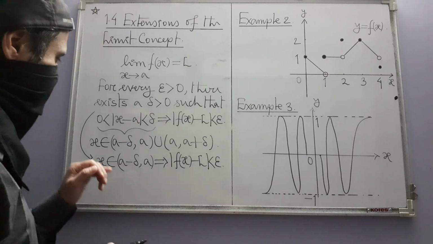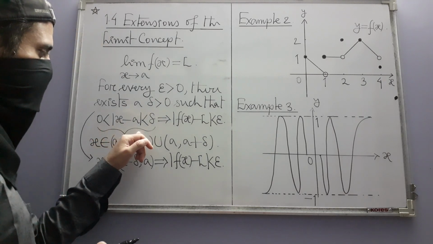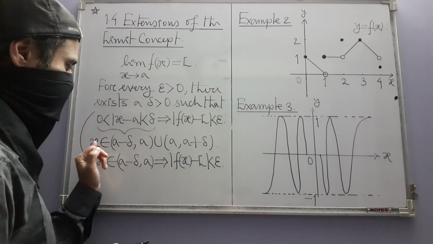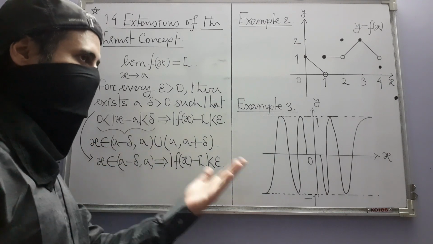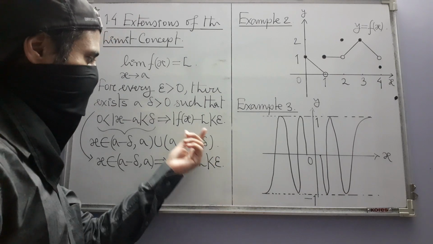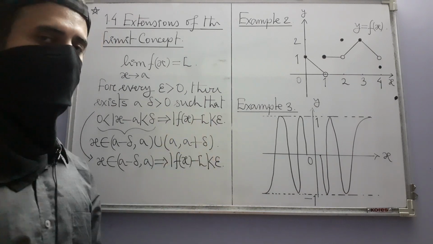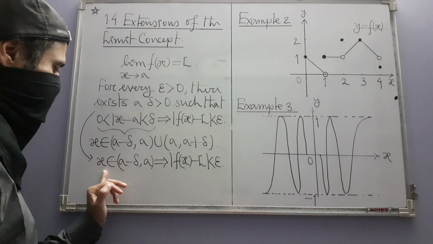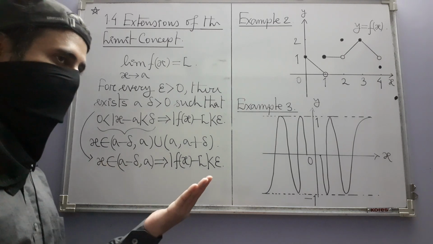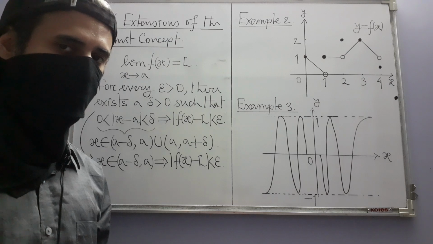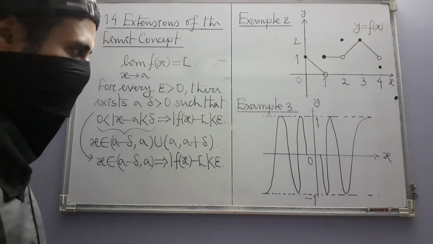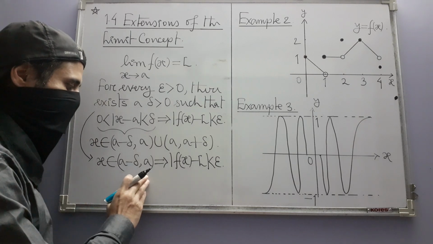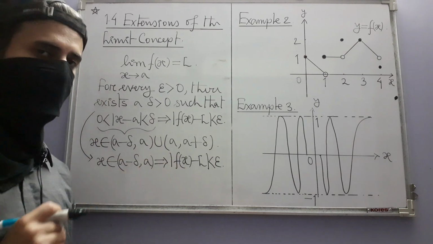Okay, it is less severe. In the previous implication, I was requiring that for all values of x close to a but on either side of a, f(x) values should be close to L. But now I require that only for values of x close to a but on the left side of a. That much is enough for me now. But then of course I am not talking about the same notion. I am talking about a one-sided notion.